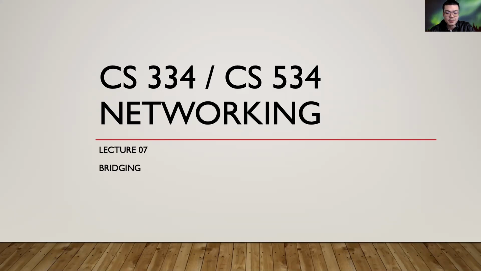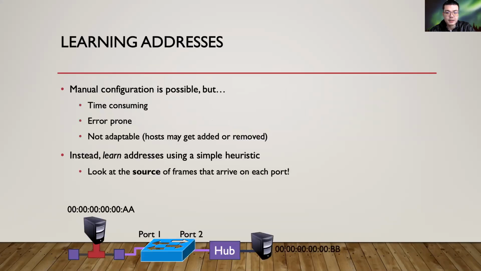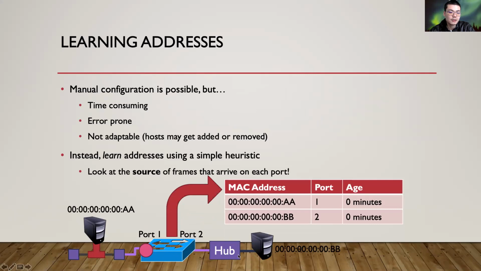And last time we talked about how this bridge auto-configures itself to learn where each port is. It has a routing table. Whenever a port receives an Ethernet frame, it takes the source MAC address and records it along with the port number, so it knows where that host is connected.